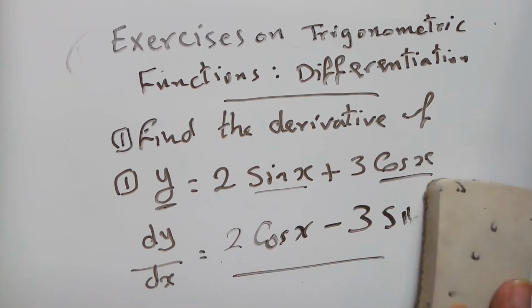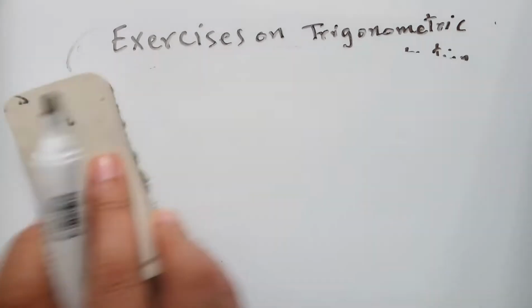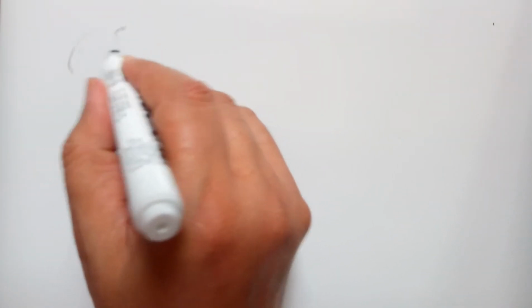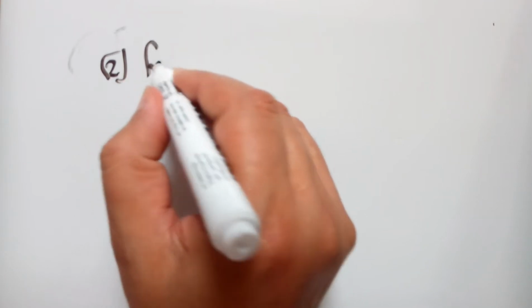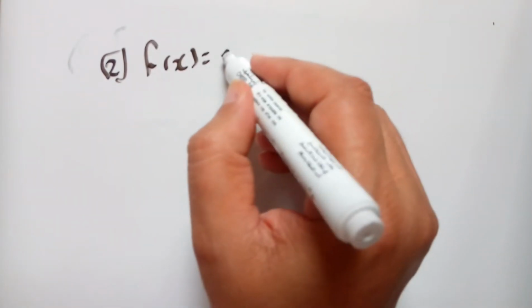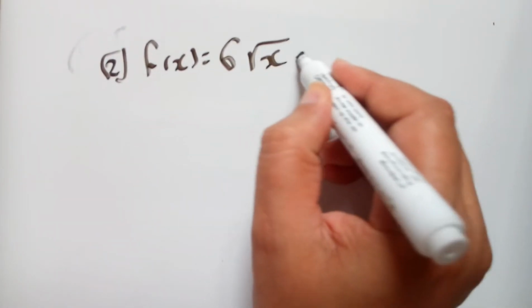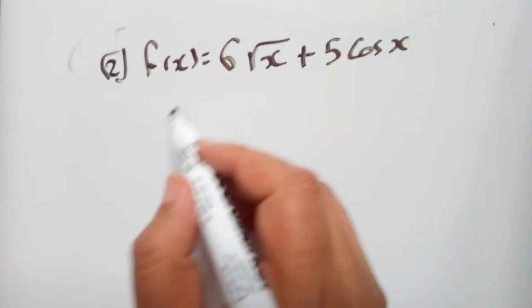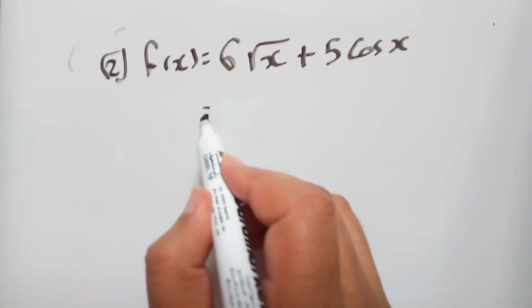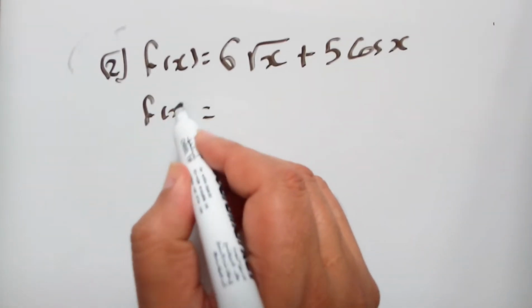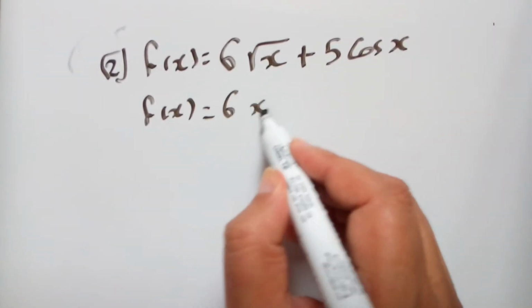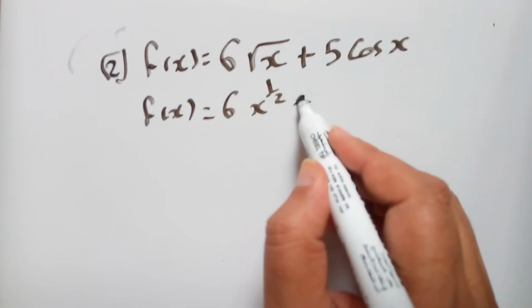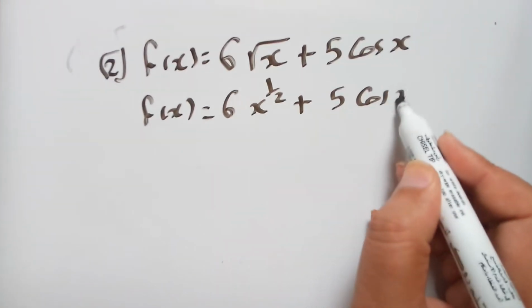Number 2, f of x is equal to 6 radical x plus 5 cosine x. How to get the derivative here? Radical x, you can rewrite it as 6x to the power half plus 5 cosine x.